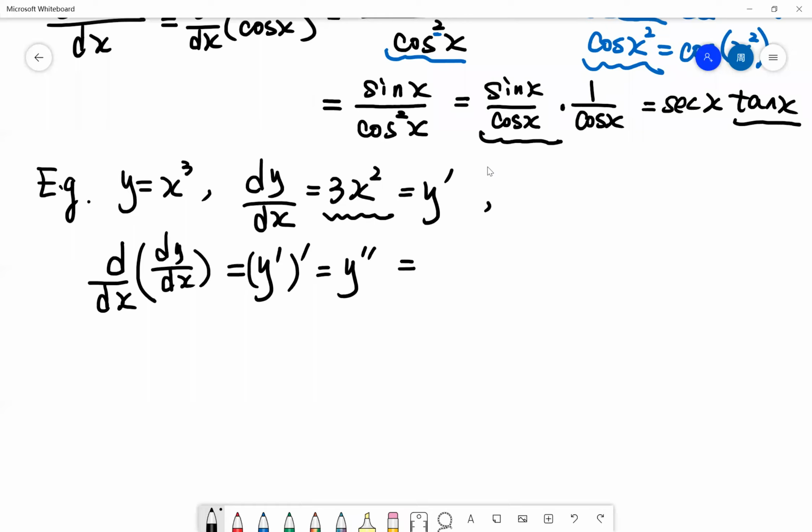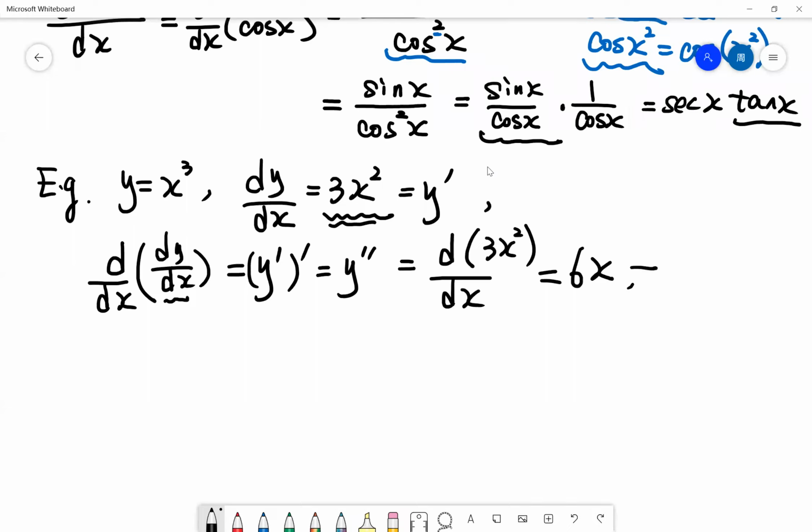So that equals d of 3x power 2 by dx, which equals 6x.